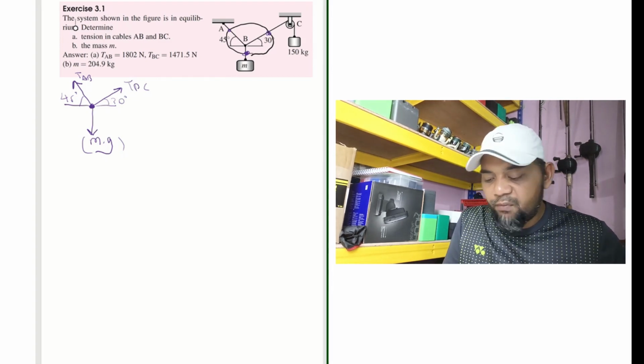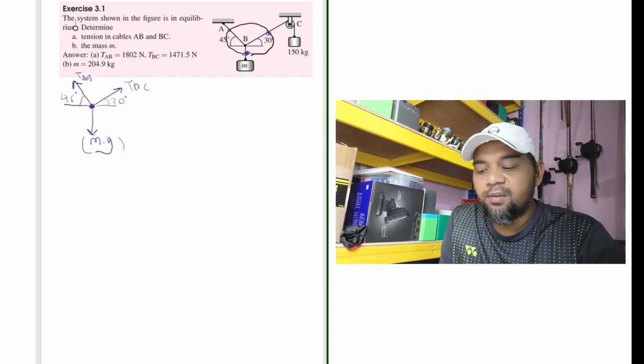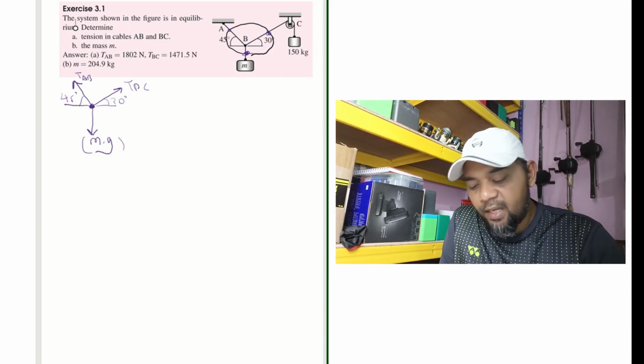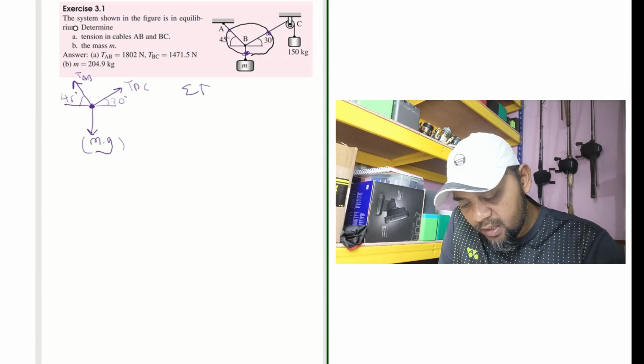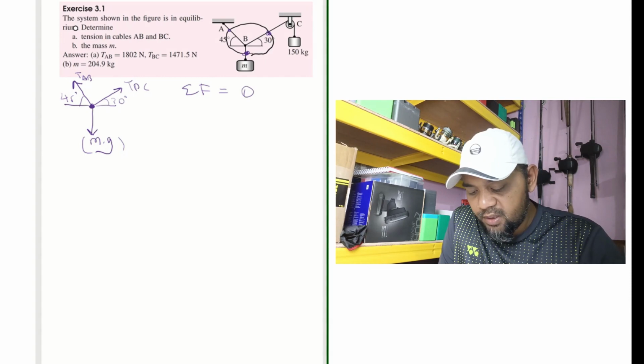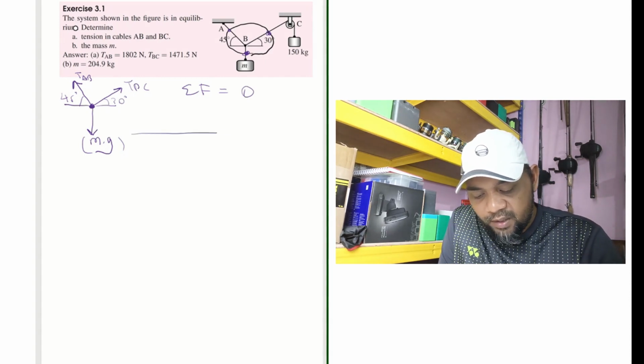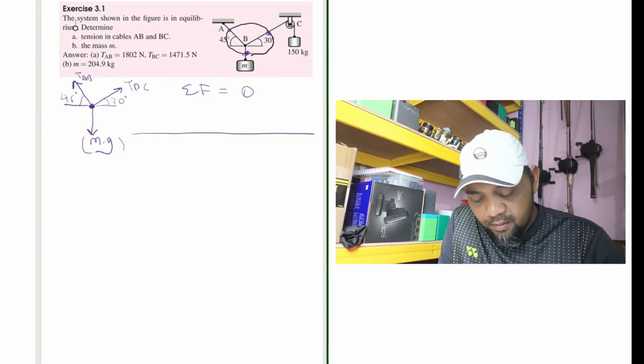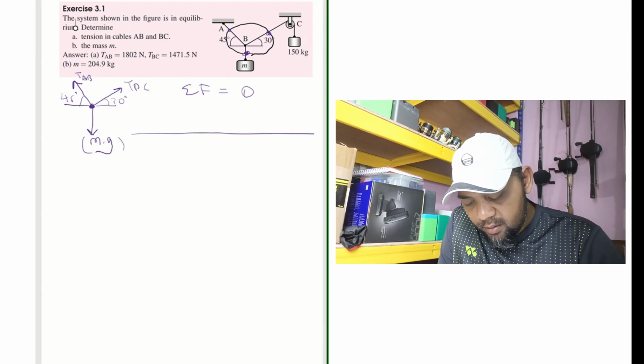After that we have to come up with the equation, which, in equilibrium, is sigma F equal to 0. From this equation you make a table just to verify all the components.